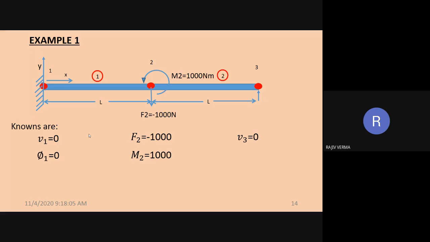Therefore, the vertical displacement is known, it is going to be 0, but the angular displacement obviously is going to be an unknown quantity. The unknowns are F1 and M1, that are the reactions at node number 1, V2 and phi 2, that is displacement and angular rotation at node number 2, and phi 3, F3 and M3 at node number 3.